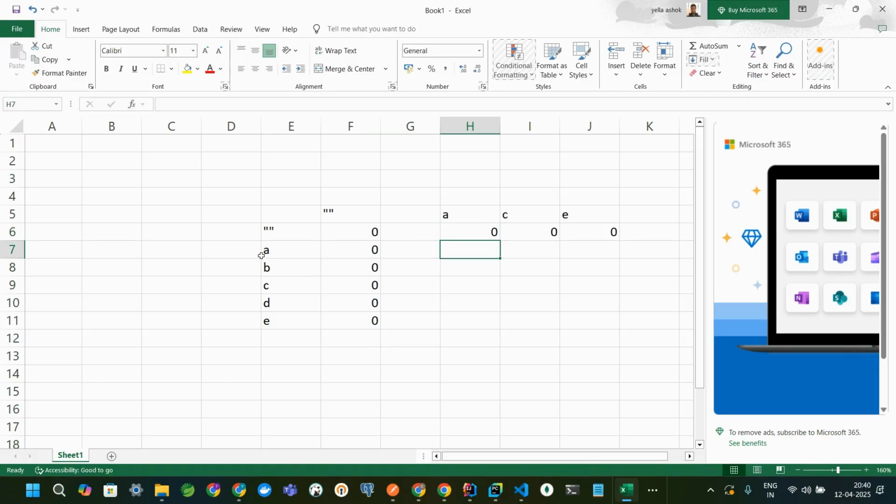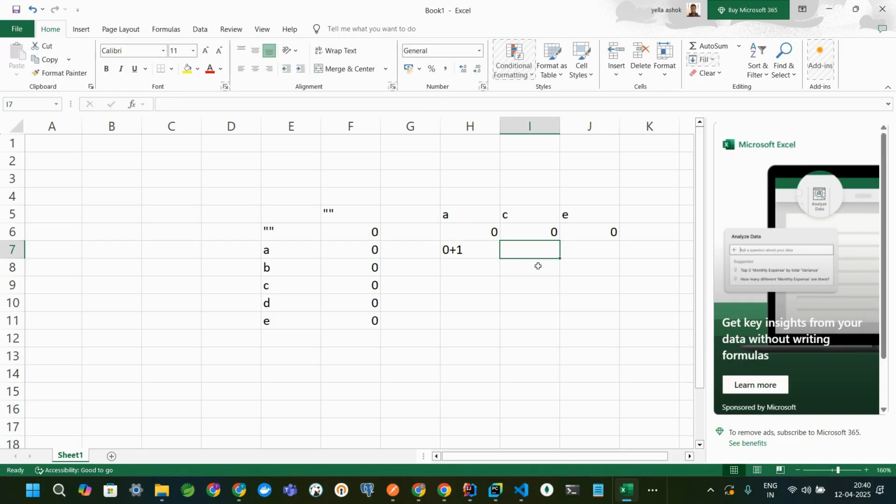Now you can see A and A are matching. So here we have two conditions. One, if it is matching, exclude both of them. If you remove both of them, what was the matching previously? That is 0. So since they match, that is 0 plus 1. Similarly you can go here.